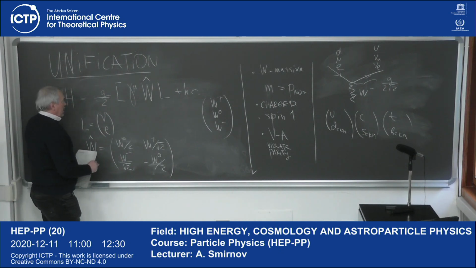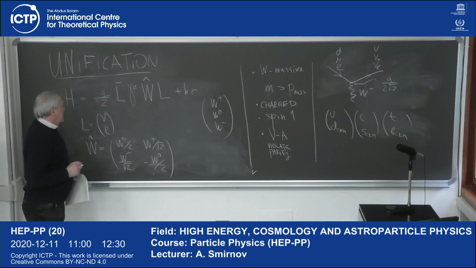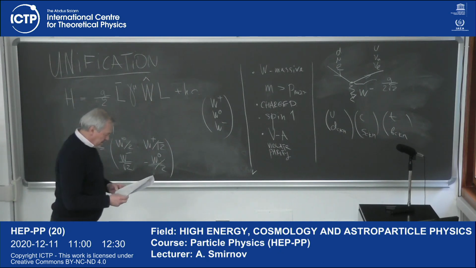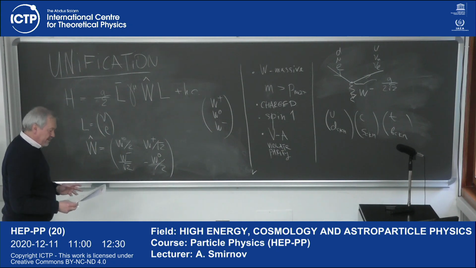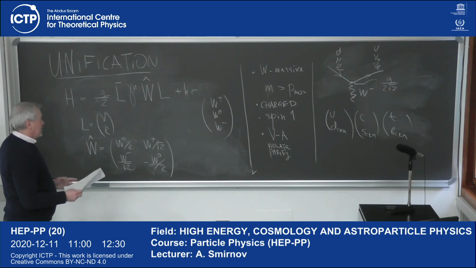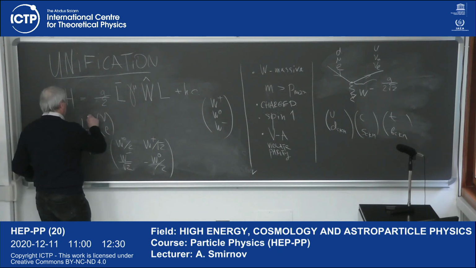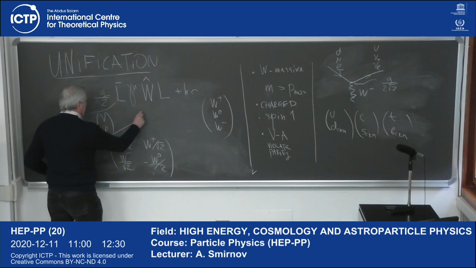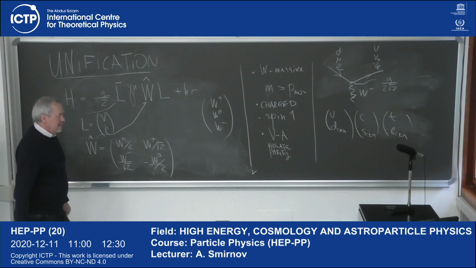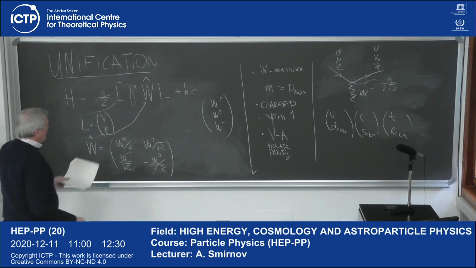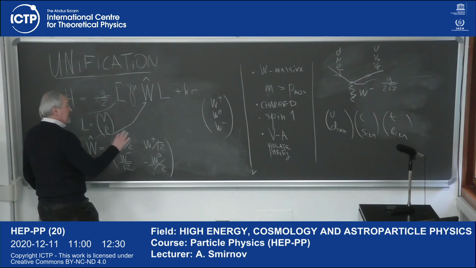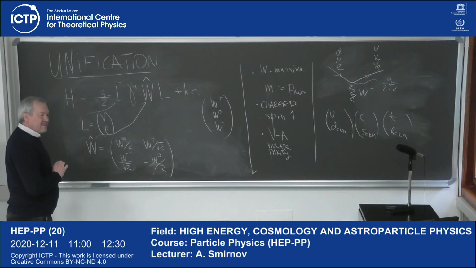So this is the coupling constant, and this is the W. Clear? So insert L and the W hat matrices, multiply, and then you will get the correct charged current interactions, at least.